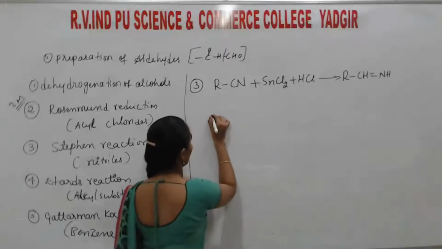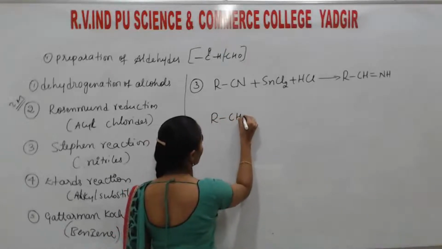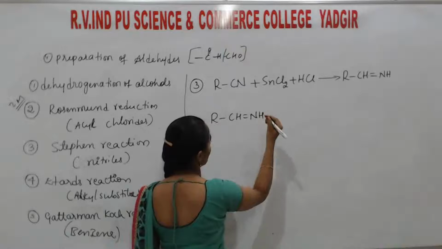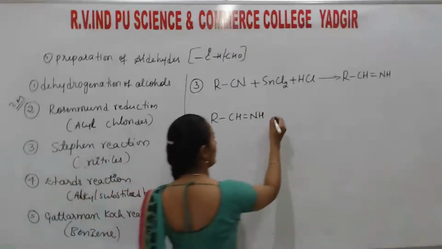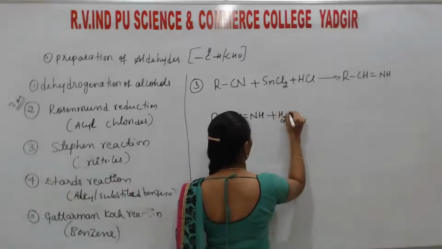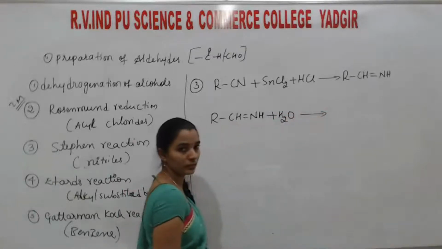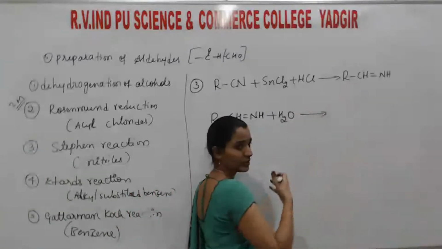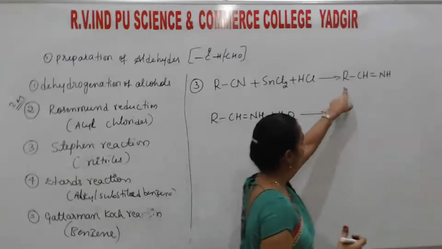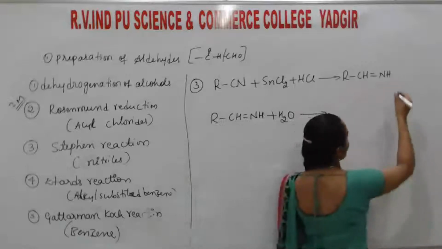Okay, so this R-CH=NH compound undergoes hydrolysis. This is the second step, but here you may continue like hydrolysis.